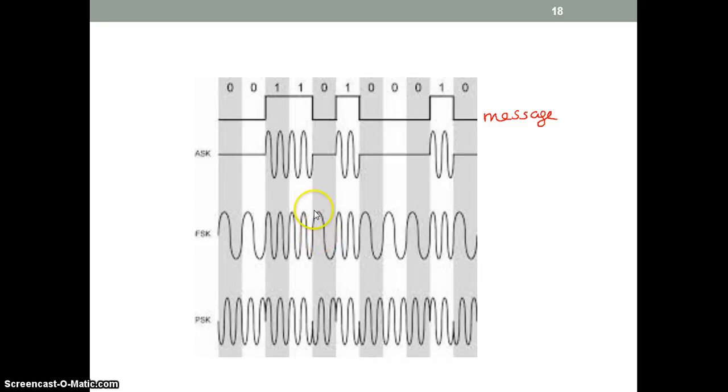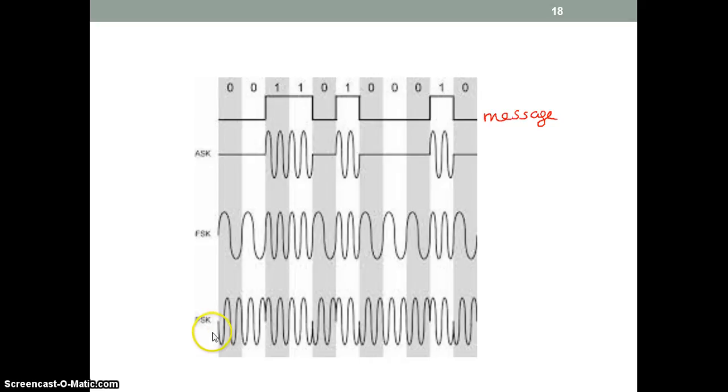Again 0, a low frequency. Again 1, a high frequency. So when the message signal goes from 0 to 1, frequency is shifting. It is not a gradual change again. So, FSK means frequency of the carrier signal will shift in accordance with the amplitude of your message signal.